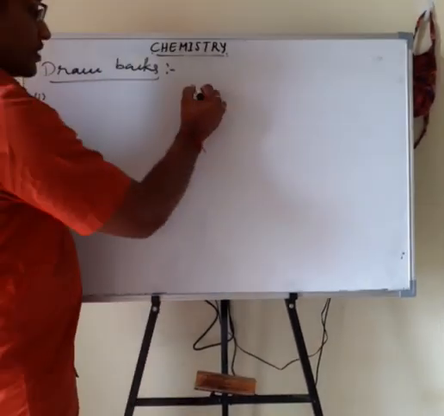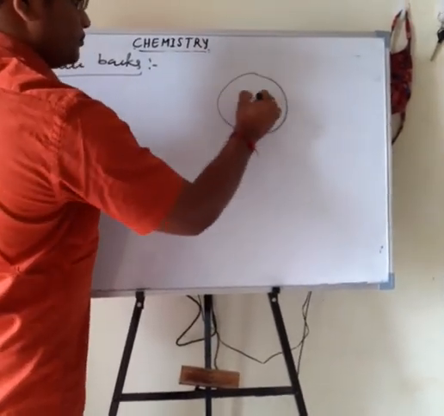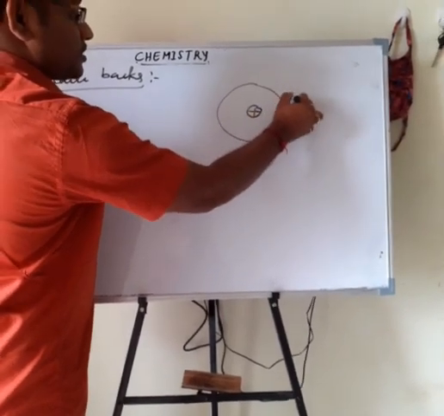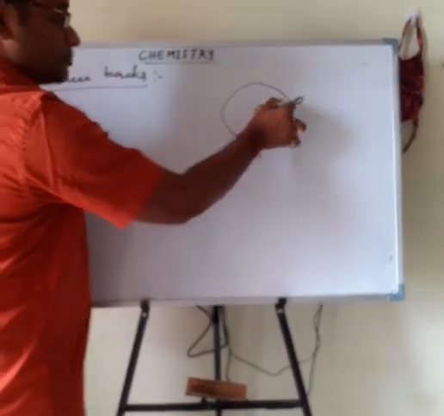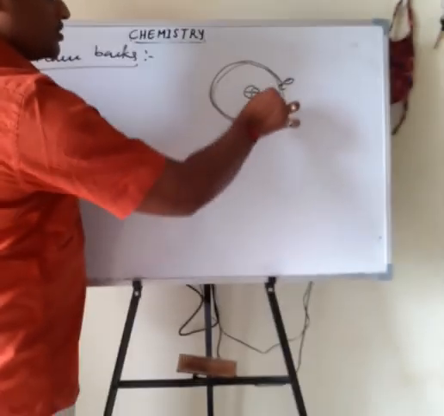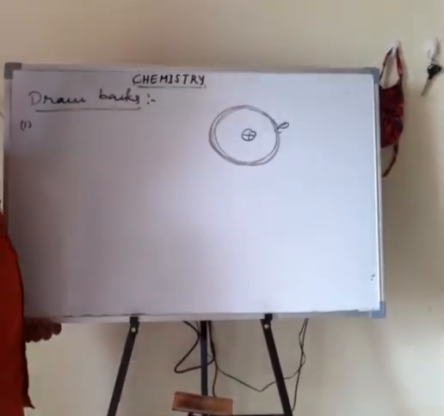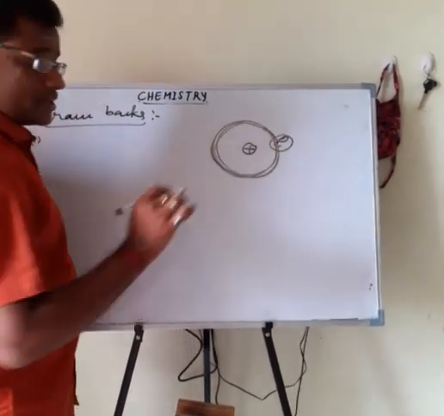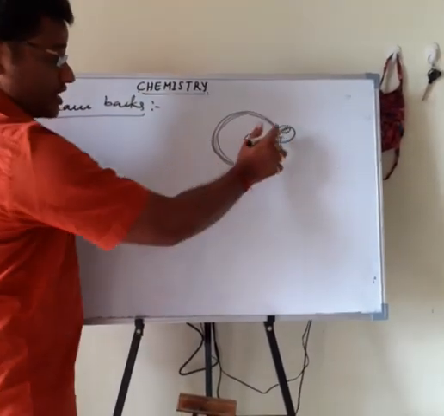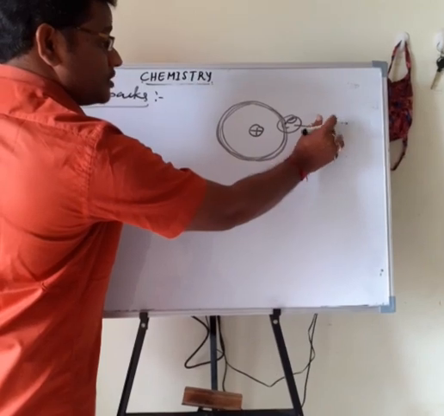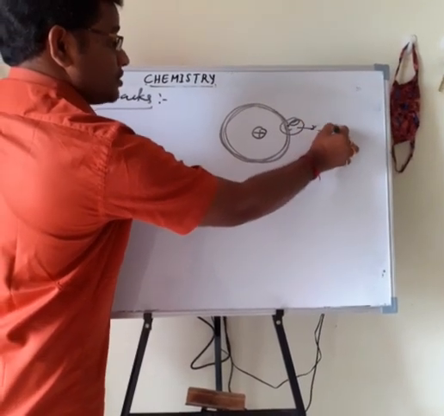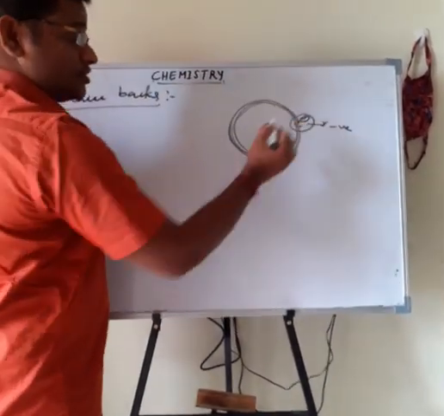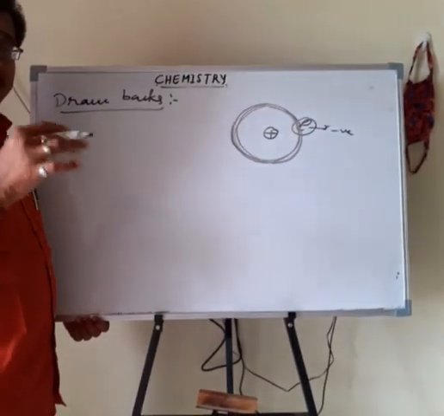Why? For example, this is the atom. The positive charge is here, and the electrons have negative charge. The negatively charged particles revolve around the nucleus in a circular path, that is the orbit. This is okay. But saying electrons are neutral particles is wrong. Electrons are negatively charged particles, but they are resembled with planets in the solar system.